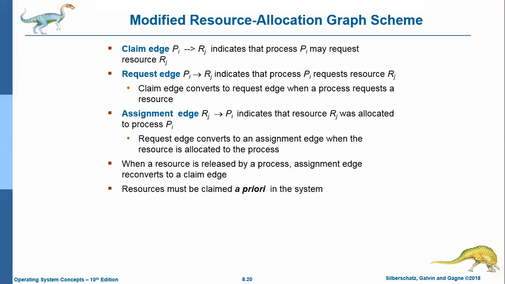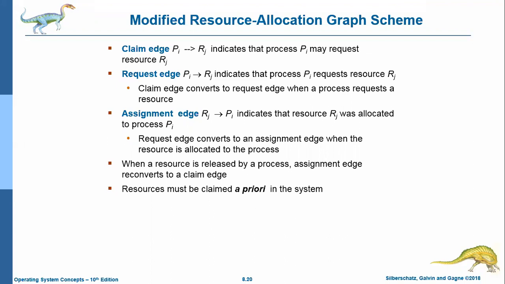This means, as we said earlier, that a process must declare in advance which resources it may need. So initially, all the edges will be the claim edges. However, when the process starts its execution, these claim edges will be converted to request edges as the process makes requests for these particular resource types.